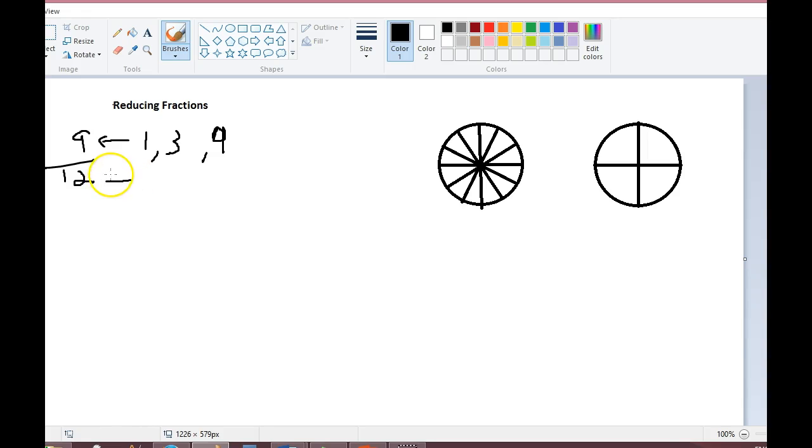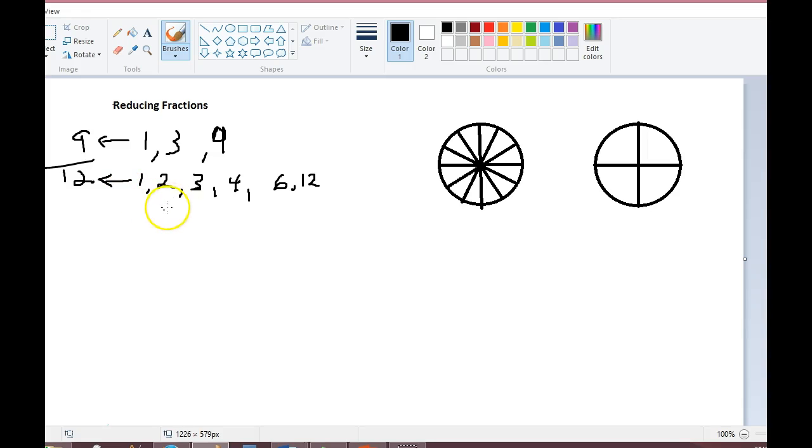We do the same thing for 12. What integers multiply to make 12? Well, we've got a 1 and 12, 2 and 6, 3 and 4. And there aren't any other integer factors of 12.